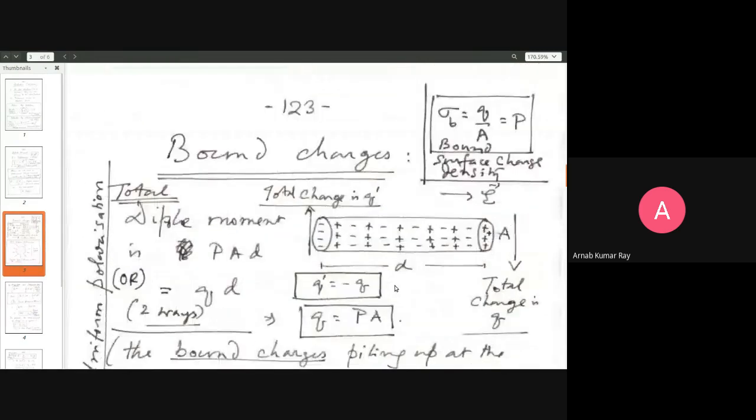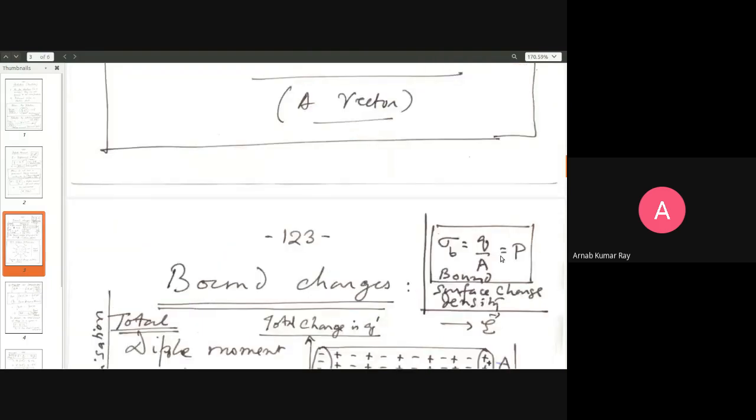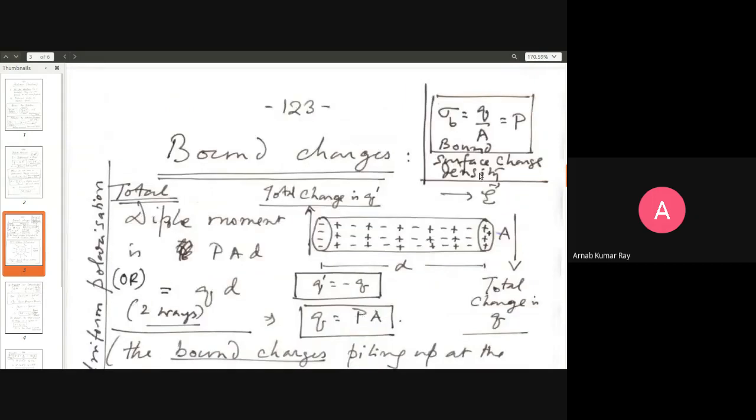And what is the bound surface charge density? It is going to be charge divided by the area, Q by A. Q by A is also equal to the polarization, but then that is also equal to sigma, sigma as in surface charge density, subscript B as in bound.